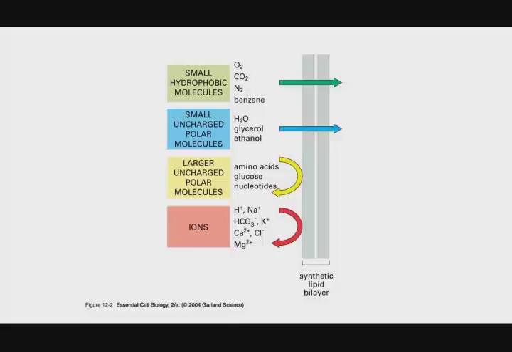Small uncharged, or small enough polar molecules, will move through the membrane with some degree of ease simply because they're so small. Larger uncharged molecules are not going to move across the membrane. If they're polar at all, or if they're big enough, that membrane is going to be a very robust barrier to them moving across. And finally, anything with a charge, big or small, has great difficulty leaking through the membrane.